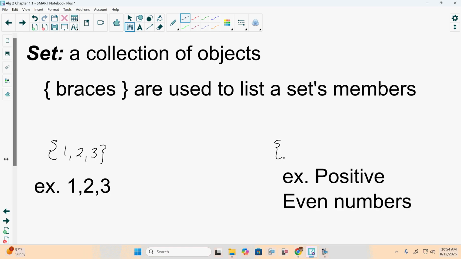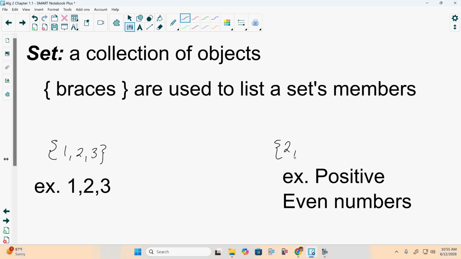It would be tempting to say 0, because 0 is even, but 0 is not positive. 0 is a little weird that way. 0 is even, but 0 is not positive or negative. It's neutral. So when we talk about positive numbers or positive integers, positive whole numbers, we're excluding 0. We're just trying to get rid of 0. We're just saying everything that is greater than 0 and positive. So our first number would be 2.